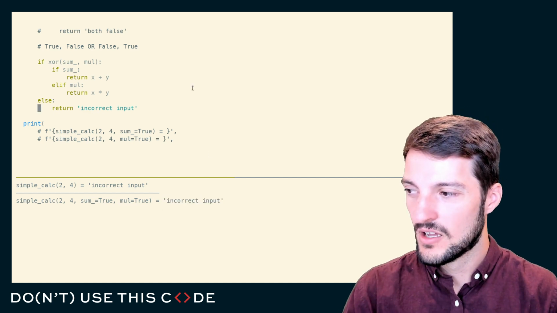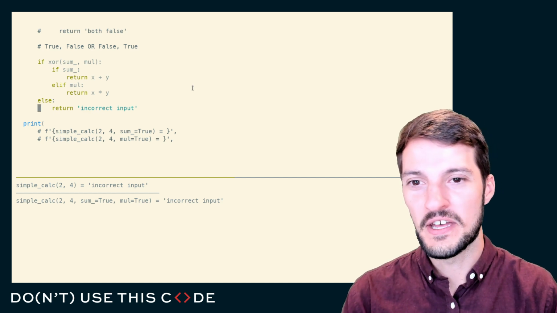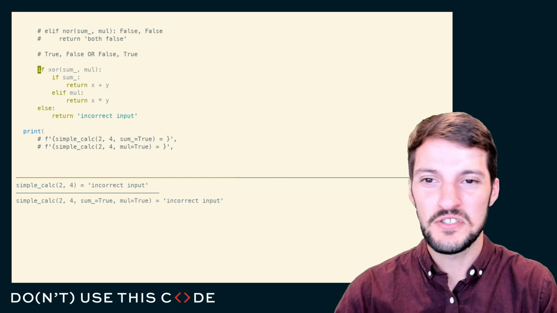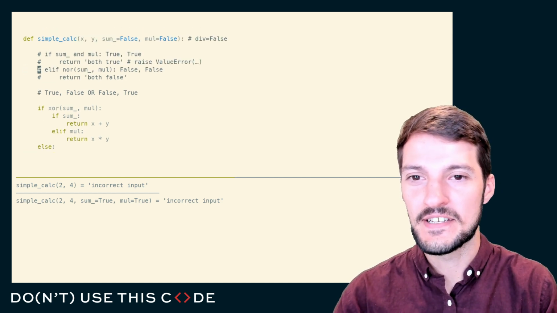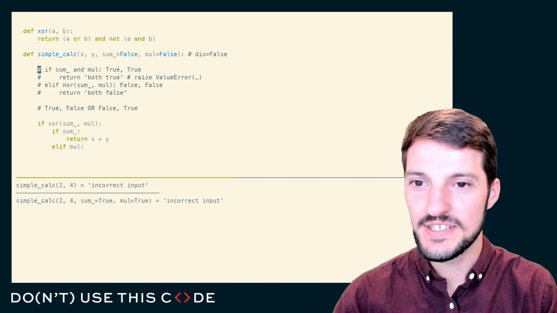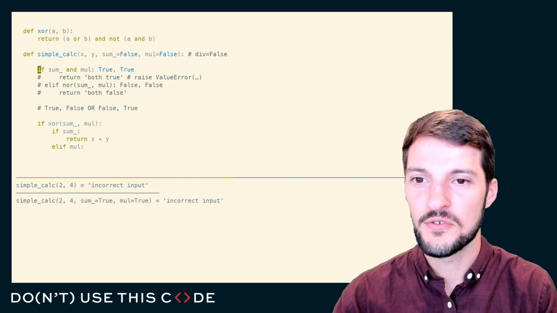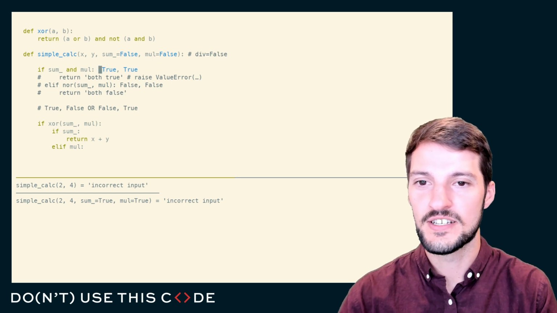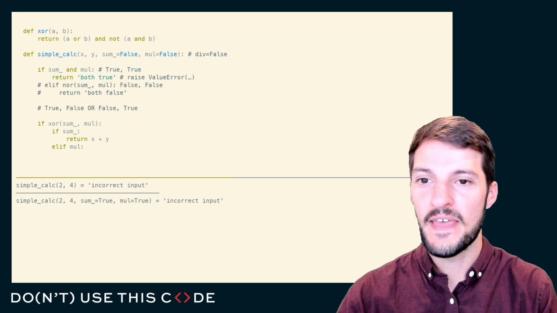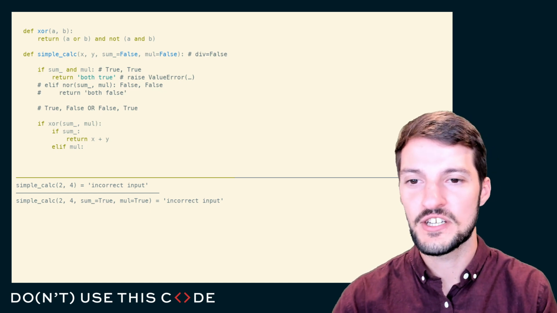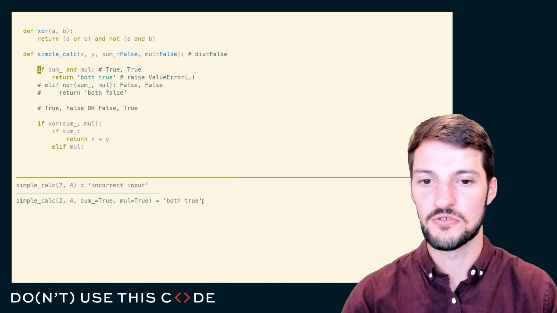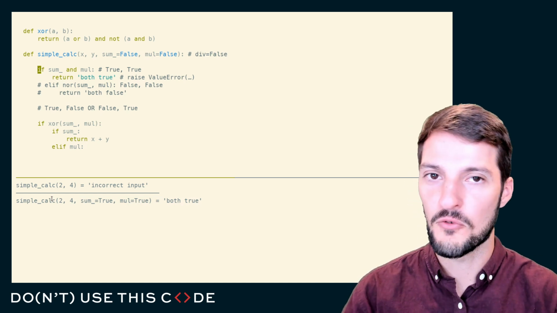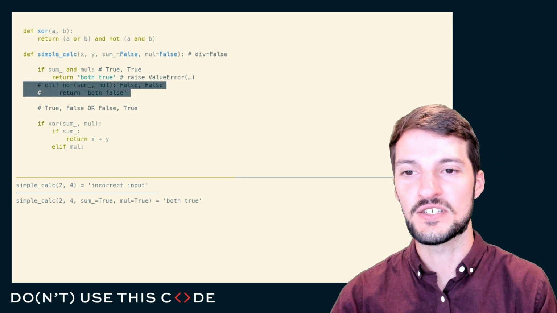But the only thing less helpful than an error message is a vague error message. I don't like this code necessarily, and what I would do is simply check if my sum and my multiplier flags are true, right? And so let me comment this out. Then I would catch that error and I would return it early. I would say, well, both are true, right? And so we don't want both to be true because we can't perform both of these operations without refactoring the function as a whole.